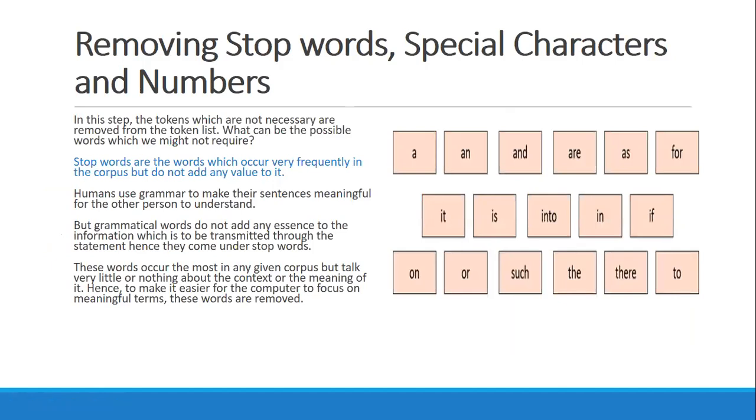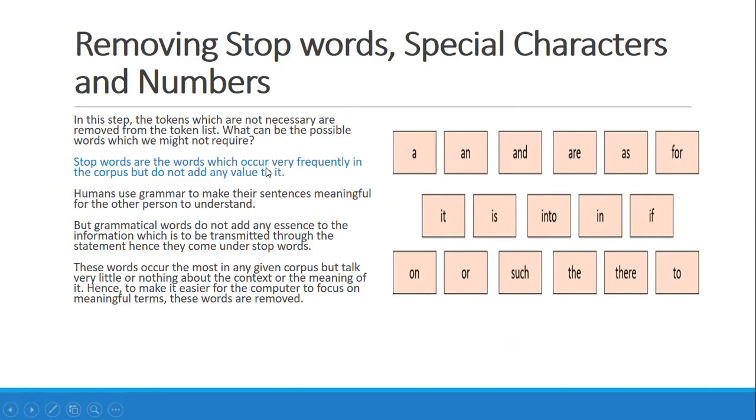The next step after tokenization is removing the stop words, special characters, and numbers. The tokens we got from the previous step of tokenization, now we are removing the stop words. Now we have to know what stop words are.